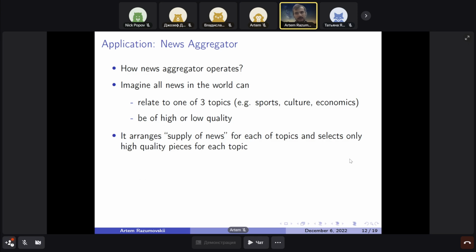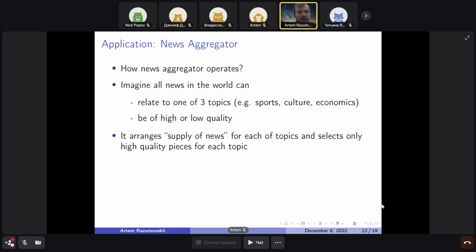And the aggregator will take the news from agencies and just provide you the link to the news, and describe the article a little bit, maybe take some of the first rows.